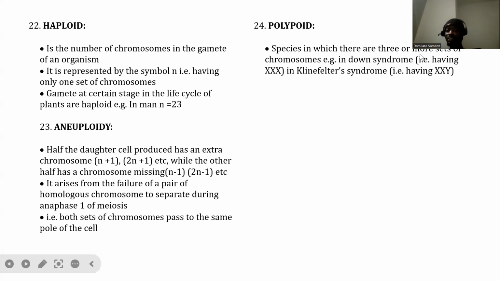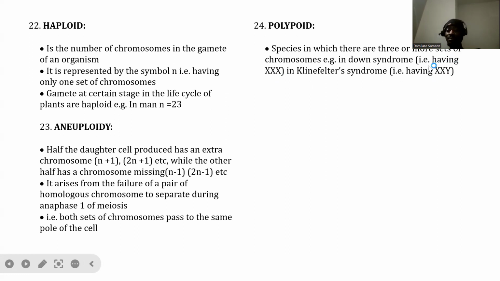So in this case you have XXX, meaning instead of a female having XX, the female will now have XXX, one extra chromosome added. In Klinefelter syndrome, they'll have XXY.